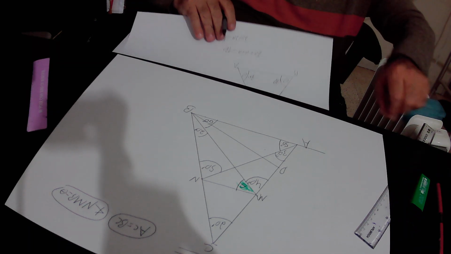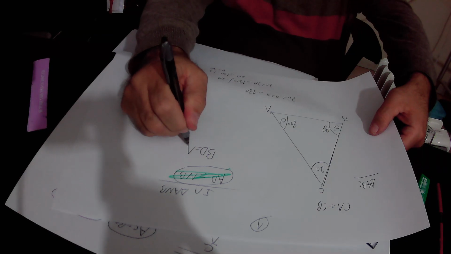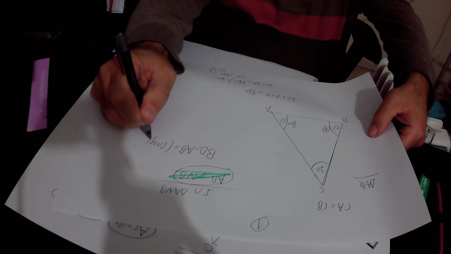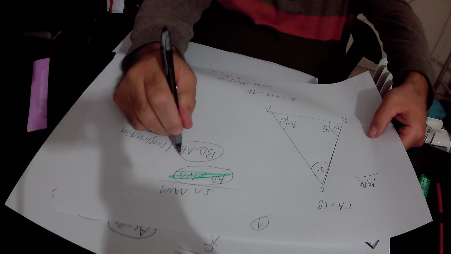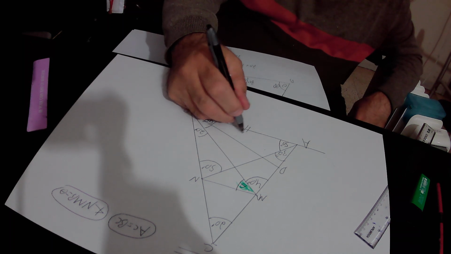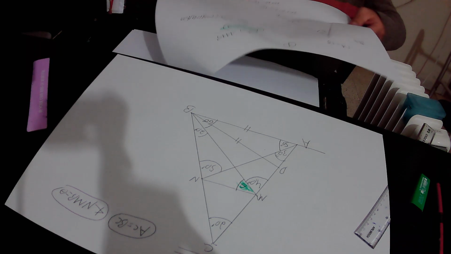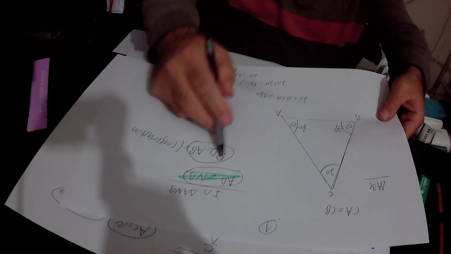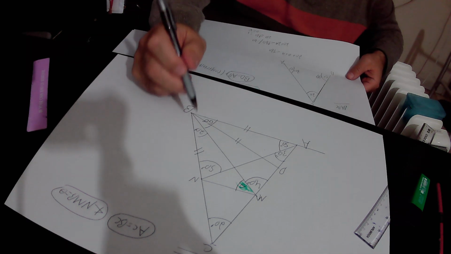So I write it down: BD equals AB according to our construction. Here AB equals BD, and we have already found out that AB equals NB.